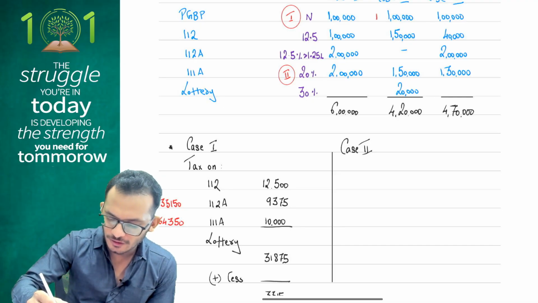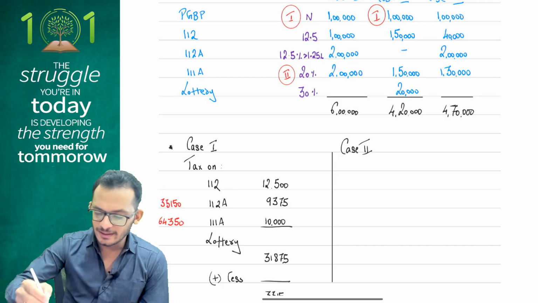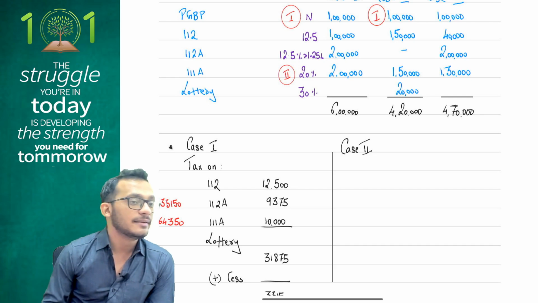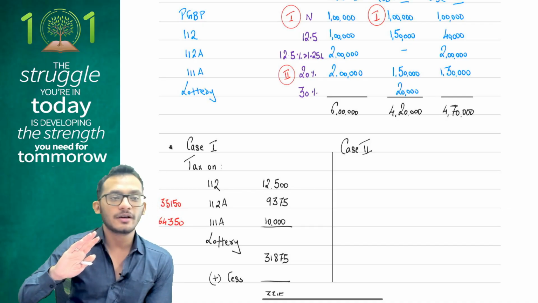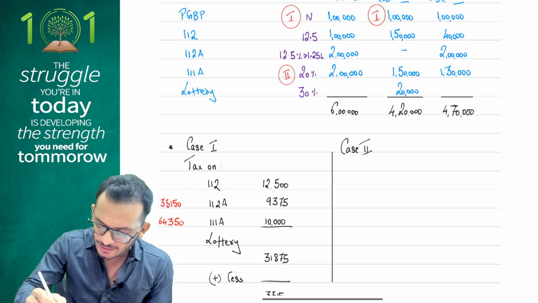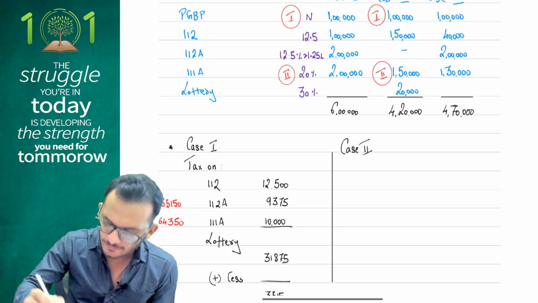First priority goes to PGBP. Second priority goes to, can I take lottery? No. No permission to lottery. Parents are not getting any Kaju Katlis. So 1,50,000 goes to short term.